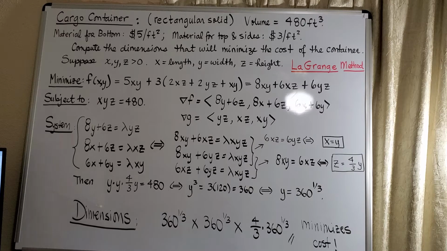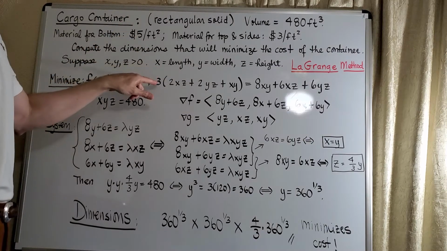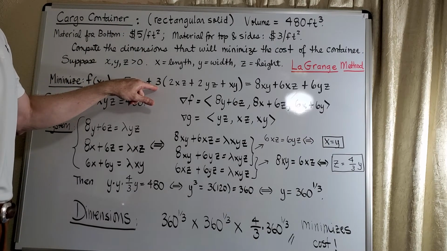Now, if we're going to minimize the cost, we need the cost of building the container. We have the material for the bottom, which has an area of xy, so the cost will be 5xy. Then all of the other parts of the box, the sides and the top, cost $3 per square foot.